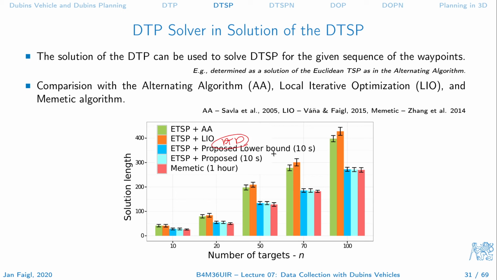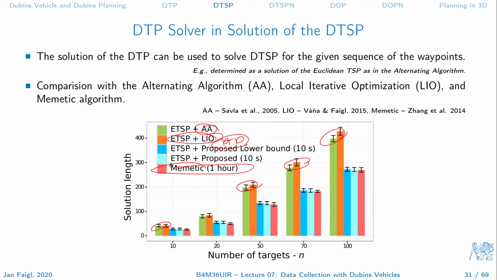It's iterative refinement. And what is interesting is the memetic algorithm that actually optimizes both parts. There is also local iterative optimization, which I will show you later, which is incremental iterative optimization, a hill climbing method. And we have this naive alternating algorithm. And if we take a look, these are performing poorly.